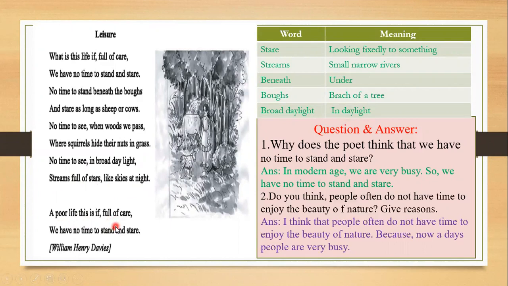Our life is very poor, and if we can care for our life, then we will be benefited. We have no time to stand and stare. The poet William Henry Davies, again in the last sentence, would like to mean that we are so busy, we have no time to look at anything for a long time.